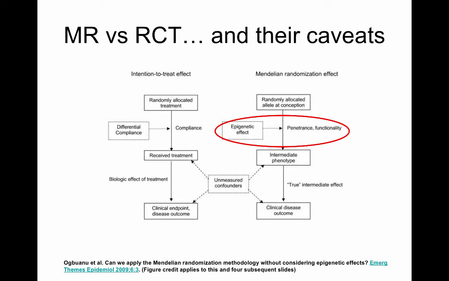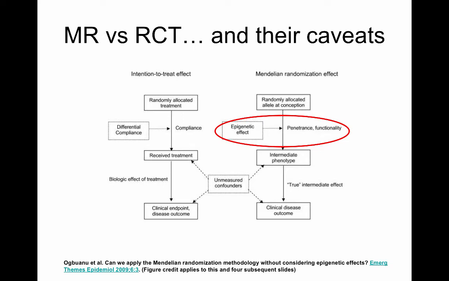In a properly blinded study, it's actually not much of an issue, but it turns out that a similar concern may also exist in the Mendelian randomization paradigm. And it's all because of epigenetic effects. On this slide, it's circled in red, and you can see that it enters that graph in the same place as differential noncompliance on the clinical trial side, on the randomized trial side.